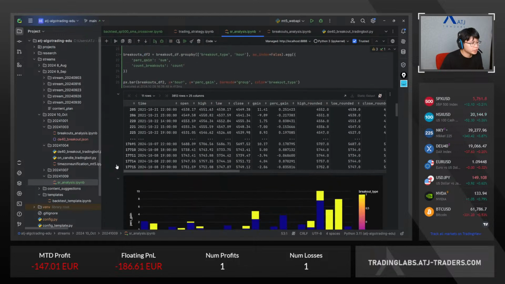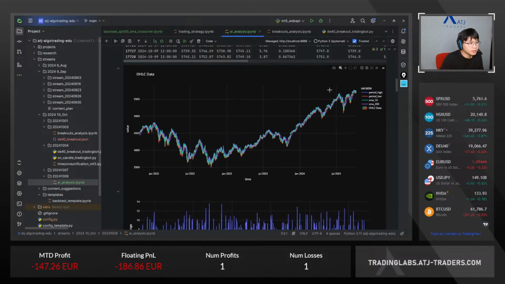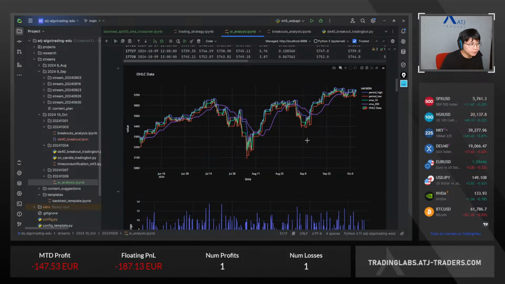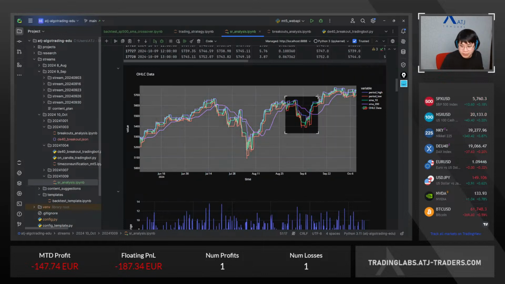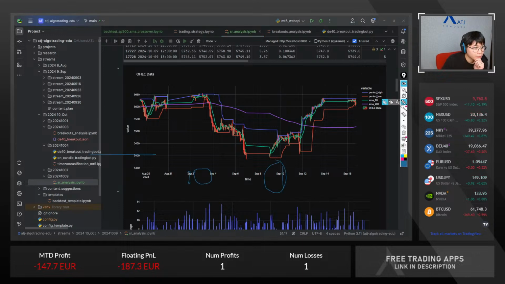So again, what is the SR range? The SR range is the support and resistance distance. If I scroll a bit closer, here's a very nice example. Here you see that this is the support, this is support, this is resistance.